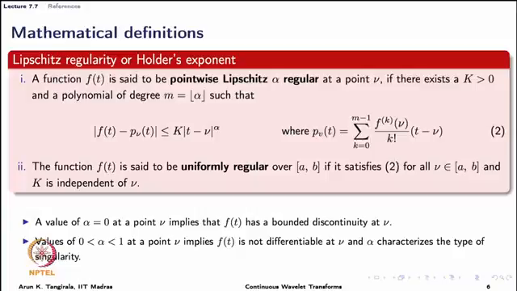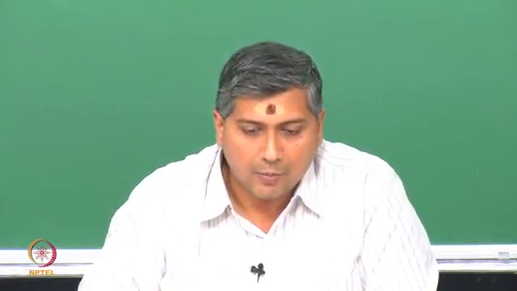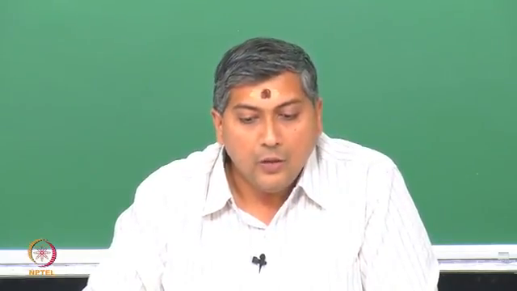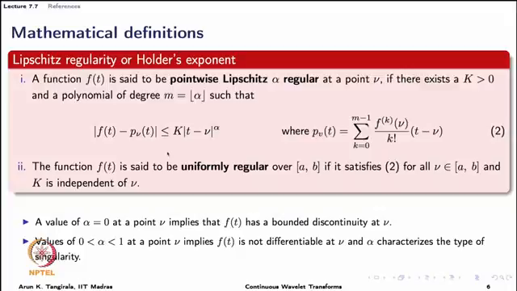You can see this as a generalization of the error that you get from Taylor series approximation. And any function is said to be uniformly regular over some interval if it satisfies this expression.